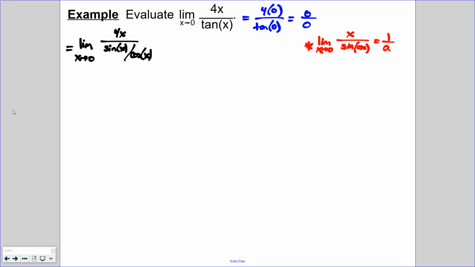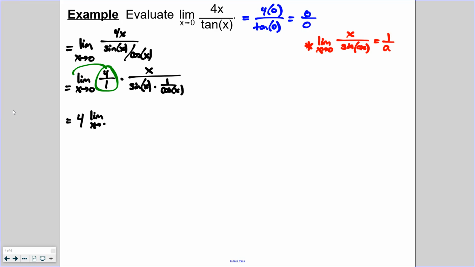So I'm going to start pulling apart this function, so I can rewrite this as being the limit as x approaches 0 of 4 over 1 times x over sine of x times 1 over cosine of x. All right, 4 over 1 is just 4, and it is a coefficient, so I can pull it outside the limit. So this is going to be 4 times the limit as x approaches 0.